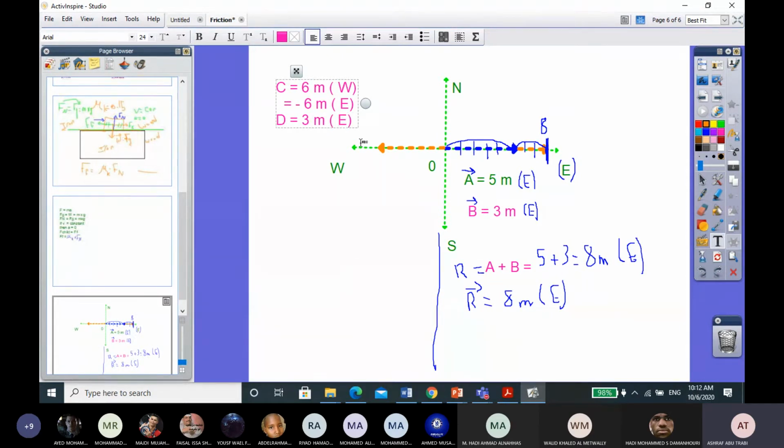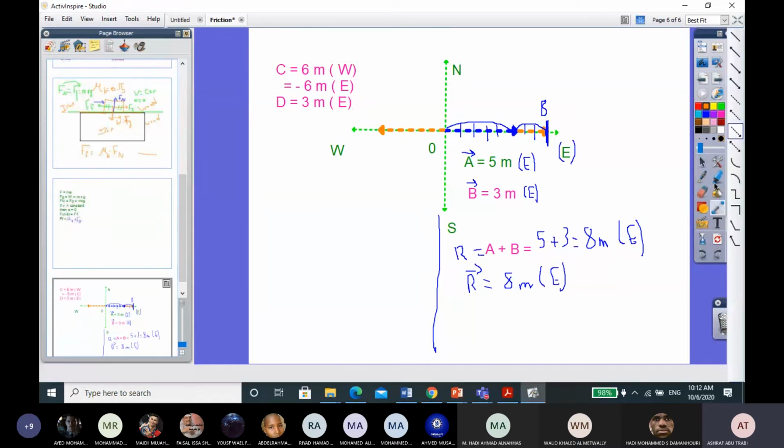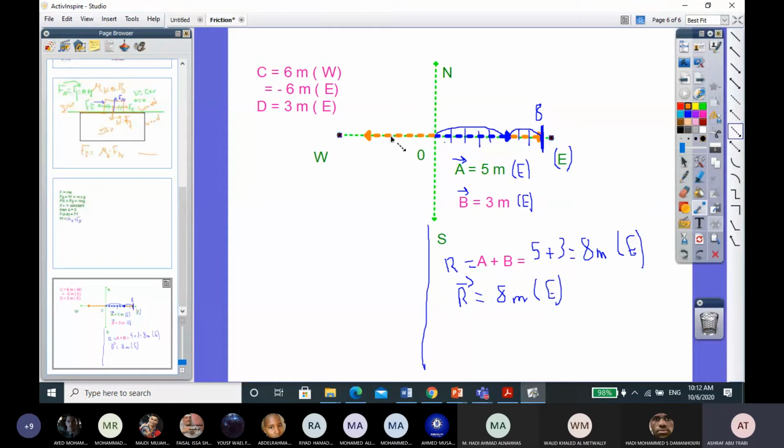I am having two vectors but of opposite directions. So the first vector is going from the origin to the west by 6 meters, and I return back here, guys. I will show it with another color. Okay, I return back, guys, with a vector of 3. Can you see the yellow vector, guys?